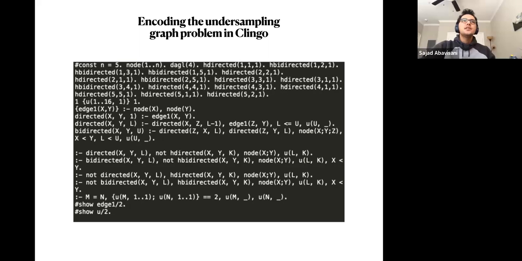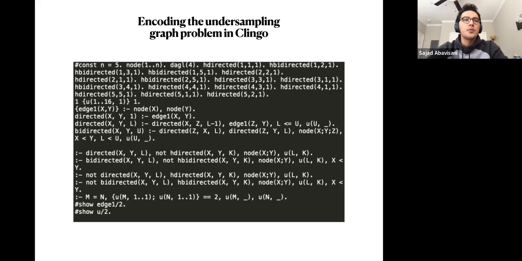Yeah, so basically the first 4 lines describe what the undersampled graph looks like, since we don't know what the original graph looks like. That's basically saying what edges it has. The next 4 lines, the one with the curly brackets, you can't see my pointer.